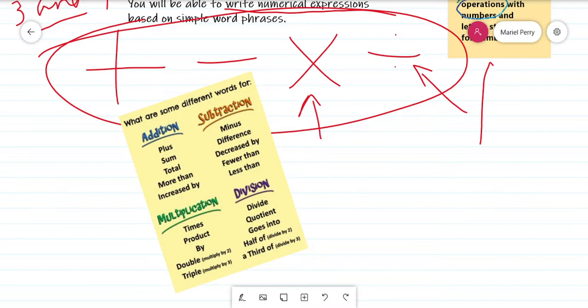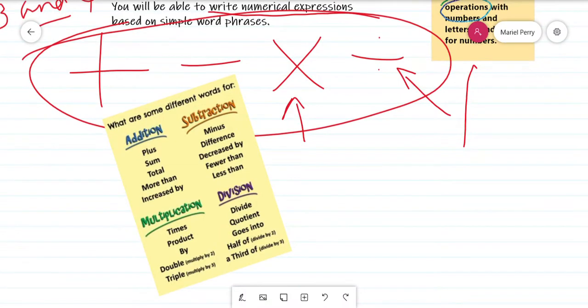In multiplication, we have times, product, something by something else, and even double and triple. Those are keywords for multiplication. And finally, some of our very familiar keywords for division are divide, quotient, whatever goes into something else, a half of something, or a third of something.